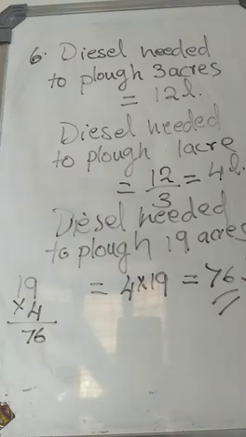Next one, 8th one, in an orchard there are 128 mangoes in 8 rows. If all the rows have equal number of trees, how many trees would there be in 13 rows? So in 8 rows there are 128 mangoes. So in 1 row how many? In 1 row there will be 128 by 8.